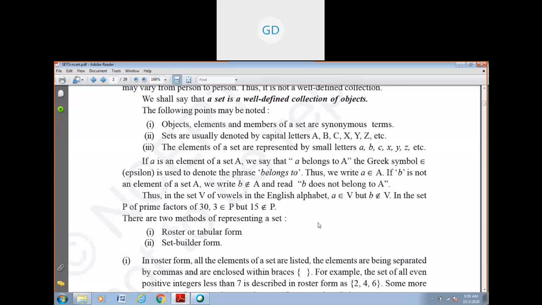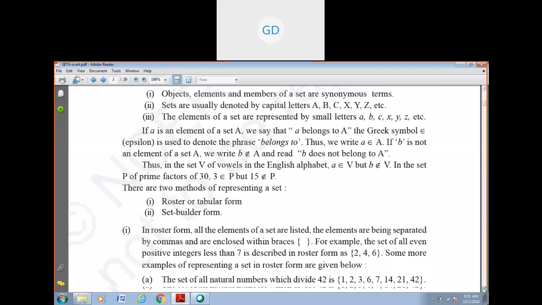There are two types. One is roster or tabular form, another is set builder form. So two types are there. First one is roster or tabular, second one is set builder.